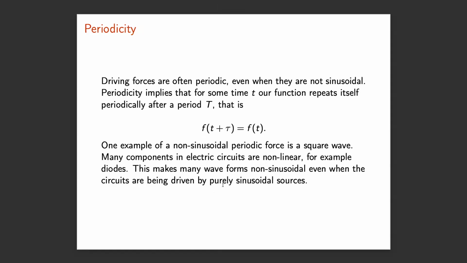And the driving forces, another nice feature is that they are periodic, which means that they repeat themselves. You would typically have some period t, and after some time t, our function repeats itself after this specific period.